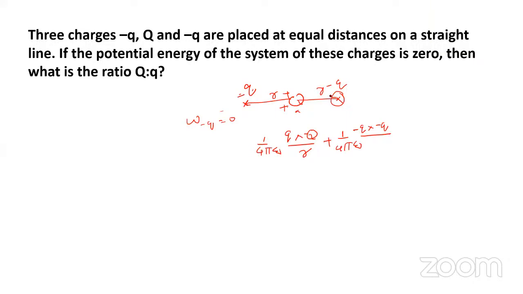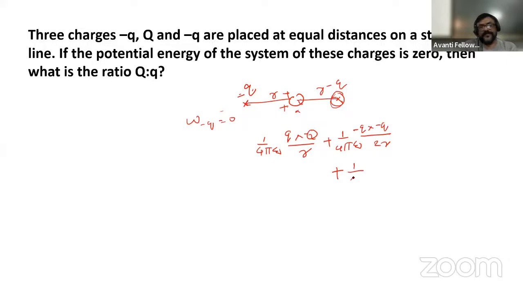This is r, this is r. So divided by 2r, plus, again, you have to do work against this capital Q. What will it be? 1 by 4 pi epsilon 0 into capital Q into small q divided by, what is the distance between these two?